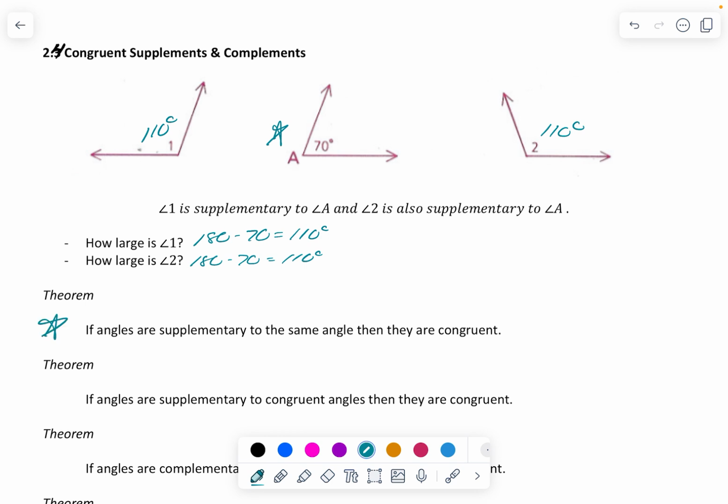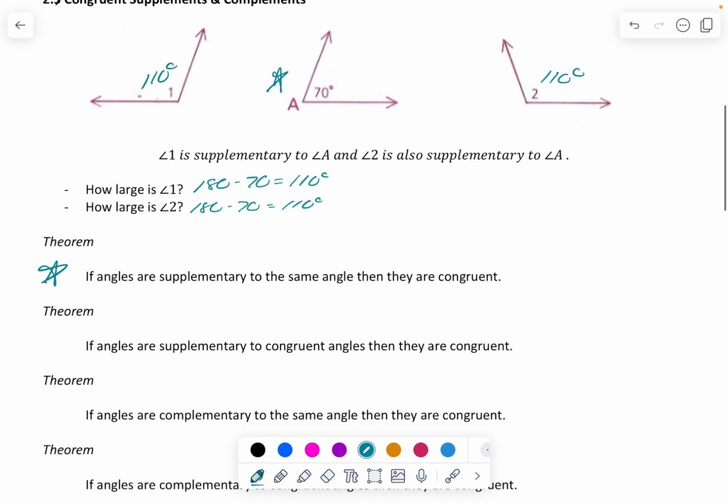And that is exactly what our first theorem says here. So we would abbreviate: supplements of same angle are congruent. So if they're supplementary to the same angle, then they are congruent.